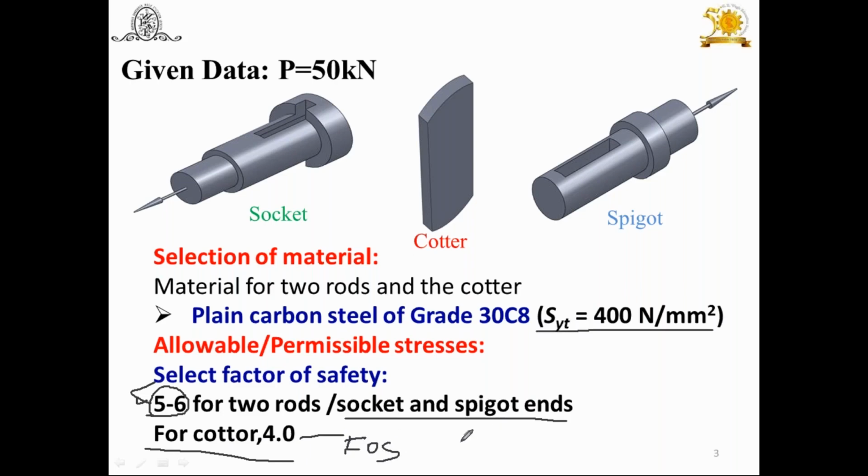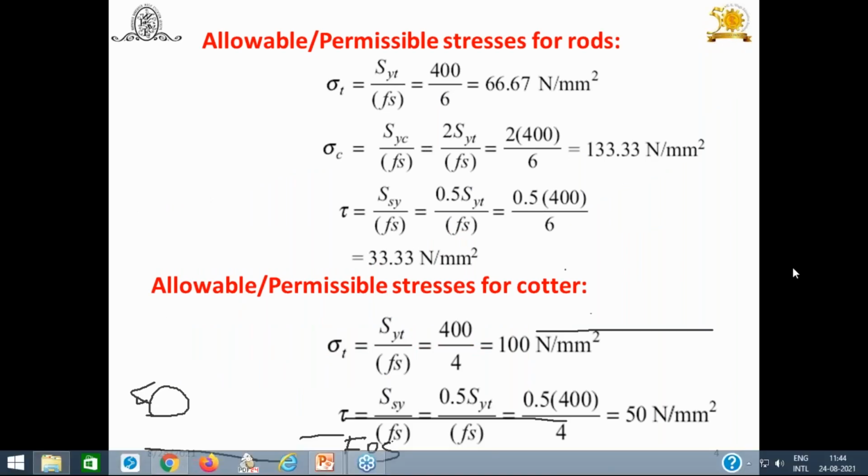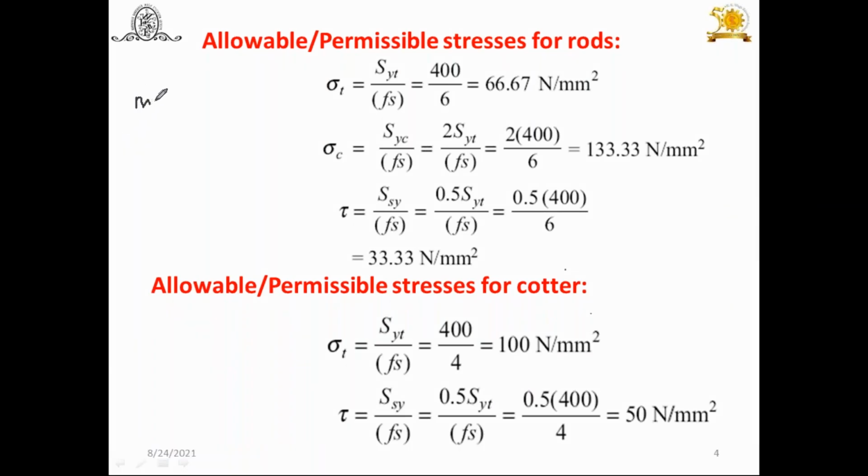Once you know the SYT and FOS, you can easily find the permissible stress, which is required in the design to find the induced stresses or dimensions of the component. How to do it? First of all, once you have decided the material, listen carefully, then refer to the data book and take its SYT.